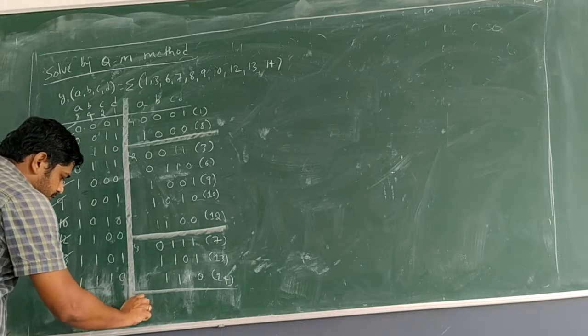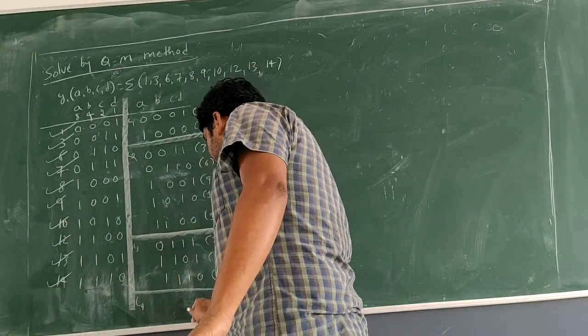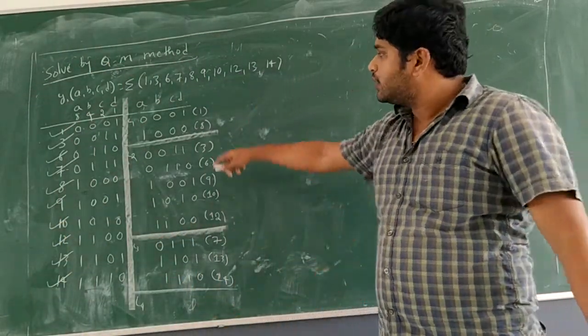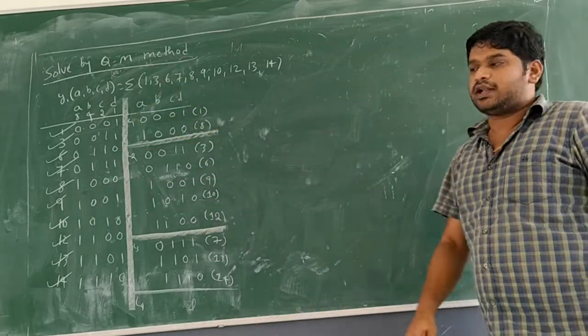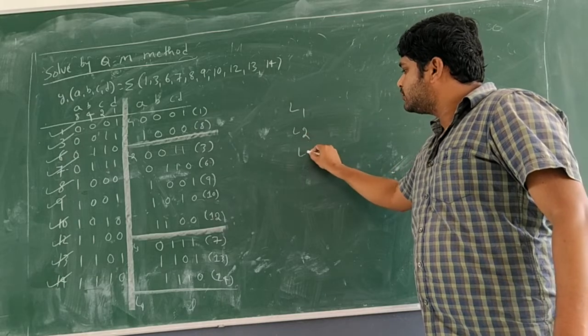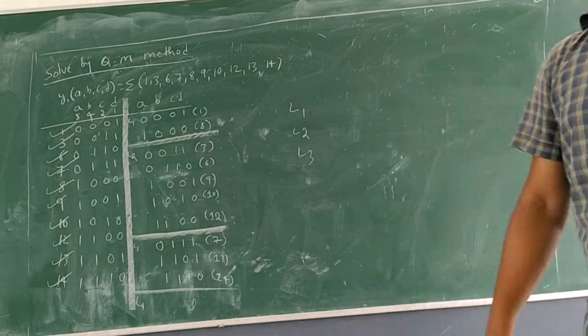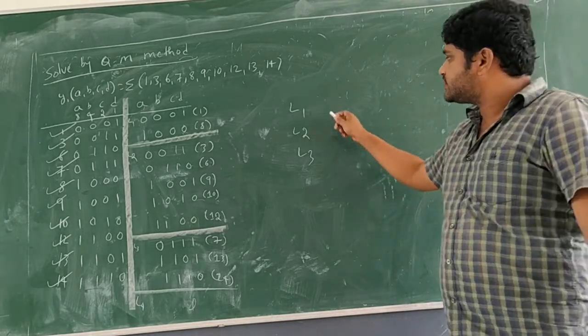So now think about L4. We don't have a set for L4, or we can write what? Null. Okay. What is L0? That is also null. So what are the sets we have? L1, L2, L3. That's it. 3 sets we have. So how many possible comparisons?